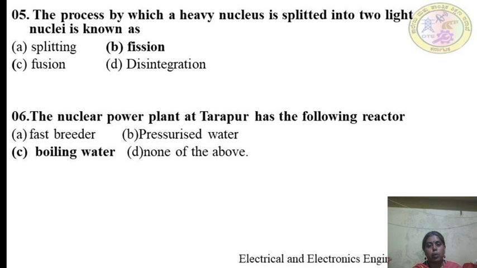In Tarapur, a boiling water reactor is used. So the answer is C, boiling water. A, fast breeder, is not correct, B, pressurized water, is wrong, and D, none of the above, is wrong. The correct answer is C, boiling water.